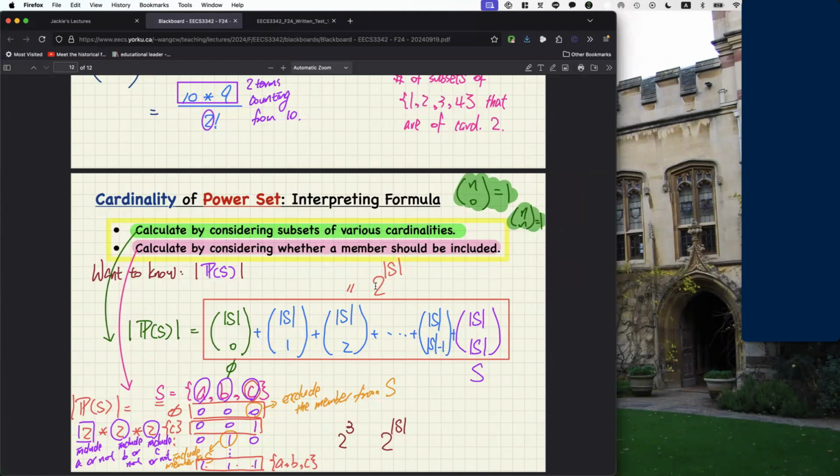The one we talk about is 2 to the power of the cardinality of the set, like 2 to the power of 5, the one we did in the earlier practice question. That can be shown to be equal to the sum of all the subsets of size 0, the subsets of size 1, etc. This can be proved, but we don't need to worry about the proof. You can just know that's the result. Okay. Thank you. You're welcome.